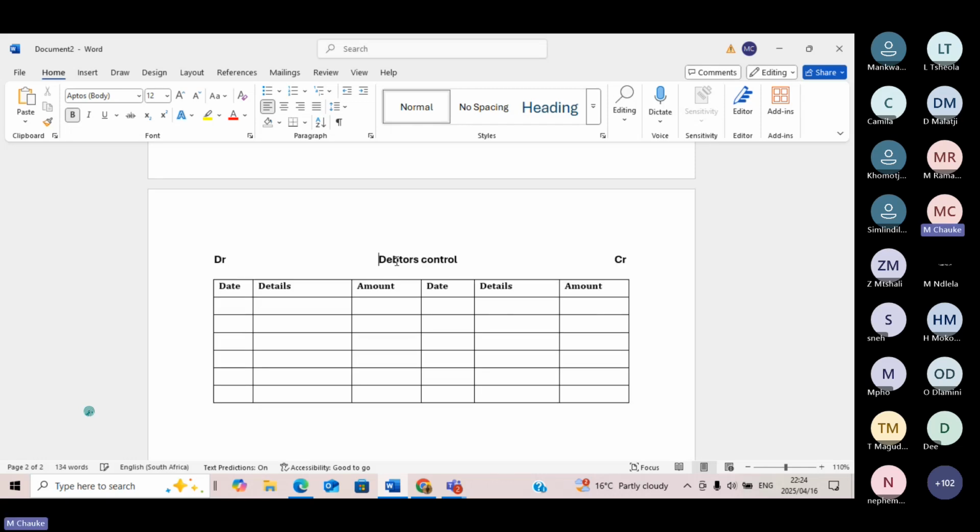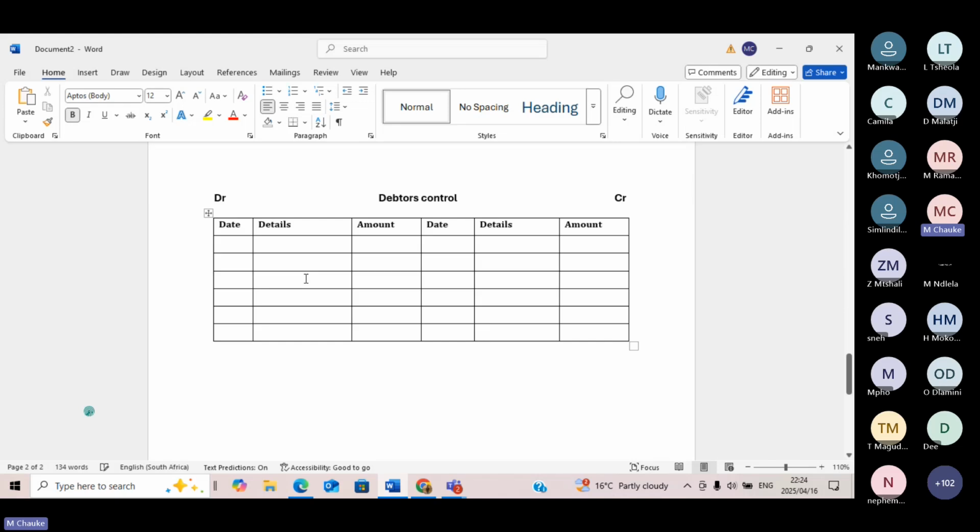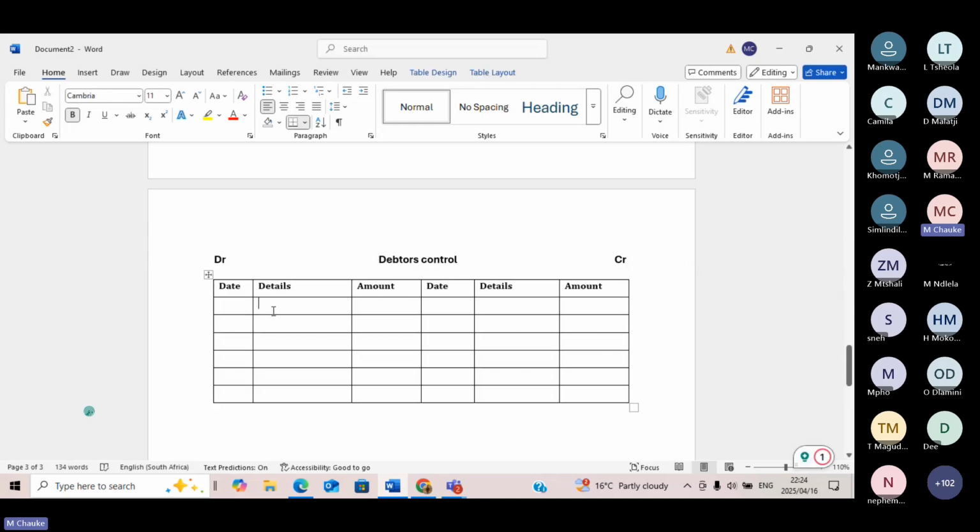And now, since we've got debtors control and services rendered, two accounts affected on that transaction, a debtor is increasing here, and a debtor is an asset. Whenever an asset increases, we debit. So we're going to debit our debtors control with services rendered.